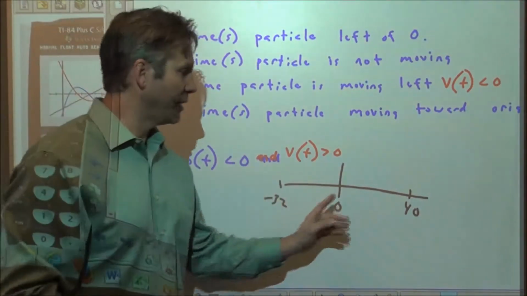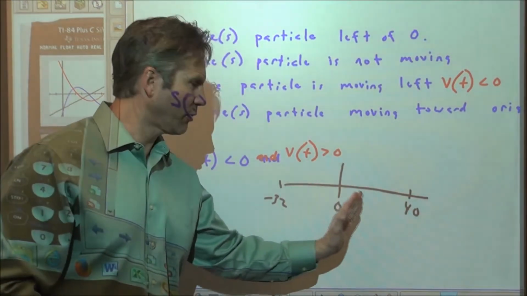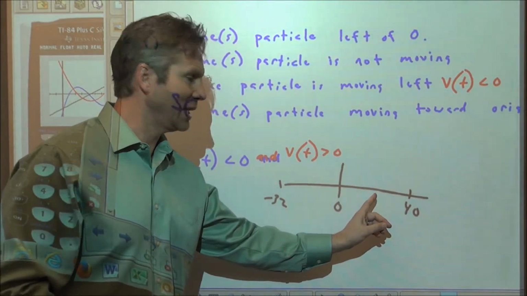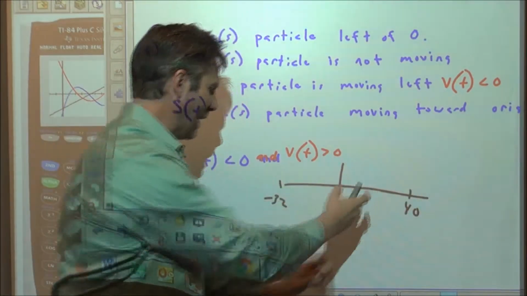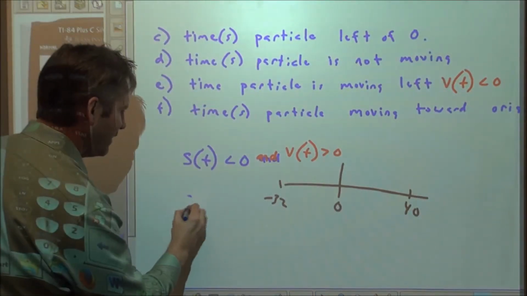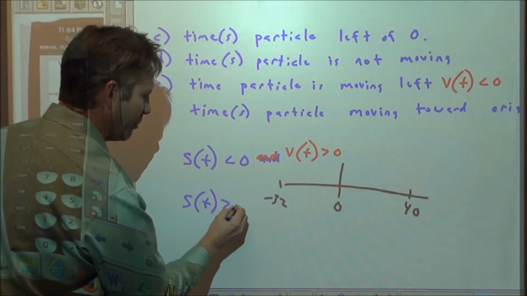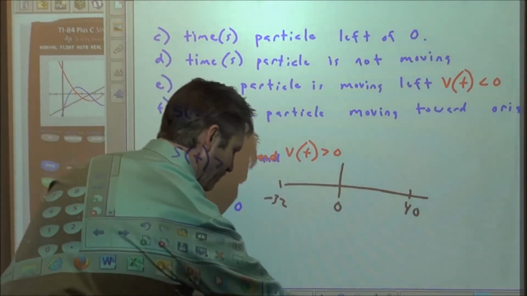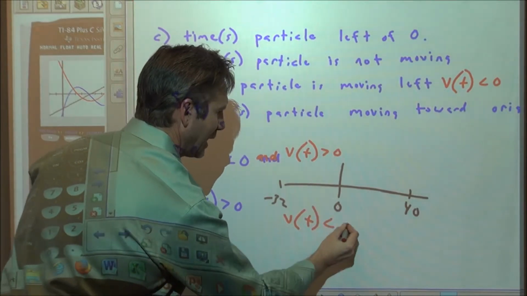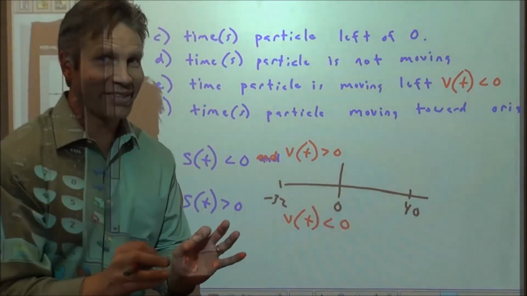The other scenario is the mosquito could be to the right of that reference point, to the right of the origin. If that's the case, for it to be moving toward the origin, its velocity would have to be negative. So when that happens, the distance of the particle from the point of reference would have to be above zero, but the velocity would have to be less than zero. There's a simple way to memorize it if you want to.